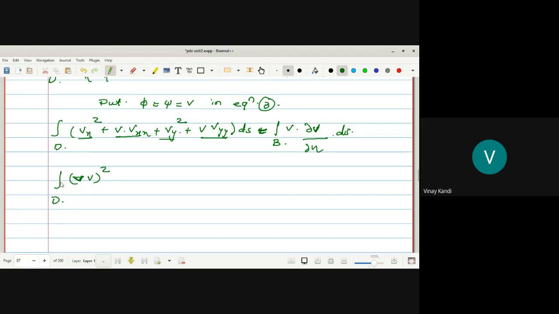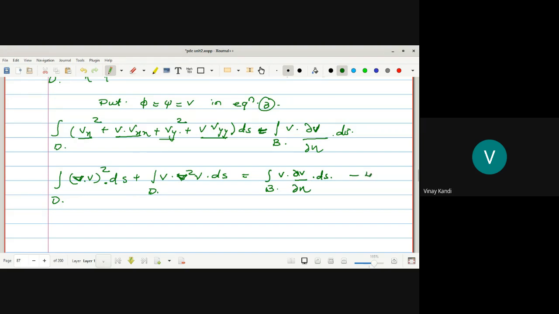Plus integration on D, taking V common, V double x plus V double y is nothing but del square of V. This is the Laplace equation. V double x plus V double y into ds, plus this term as it is, integration of V into dou V by dou eta into ds. Give it as equation number 4.